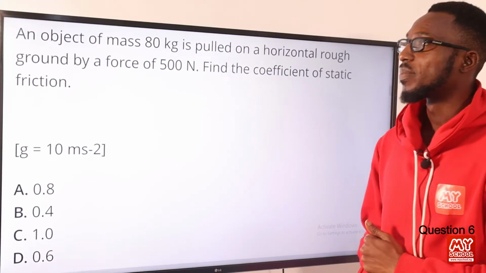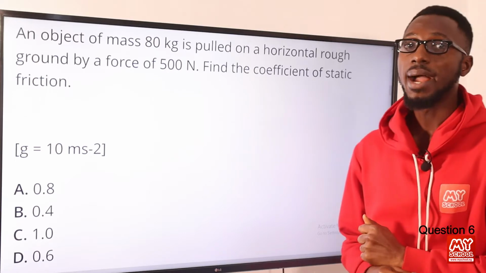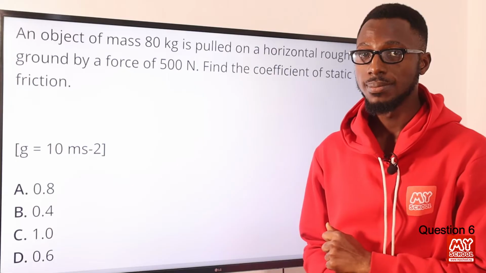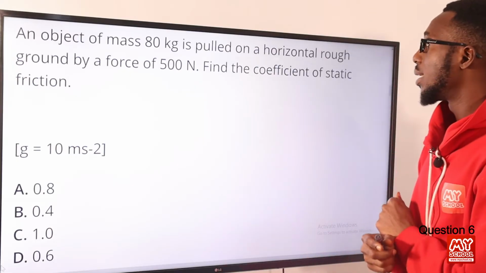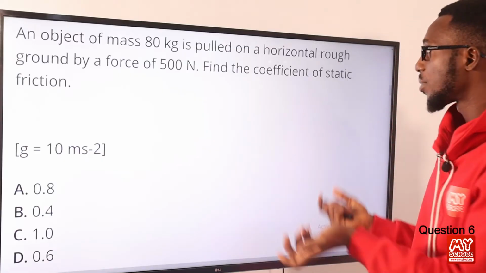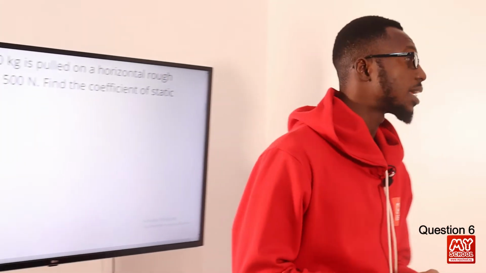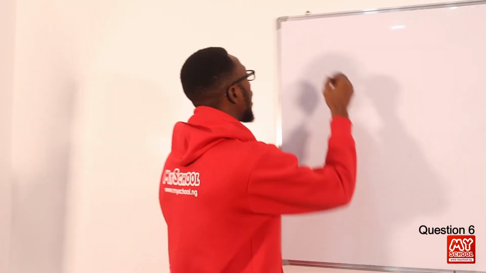Question 6. An object of mass 80 kg is pulled on a horizontal rough ground by a force of 500 Newton. Find the coefficient of static friction. So either you are asked what is the coefficient of static friction, or find the coefficient of static friction. Just use this formula.